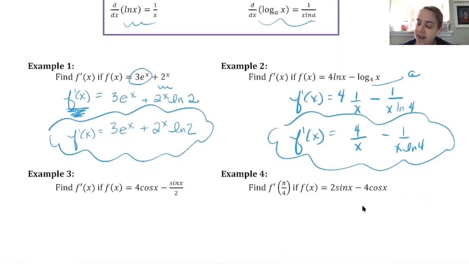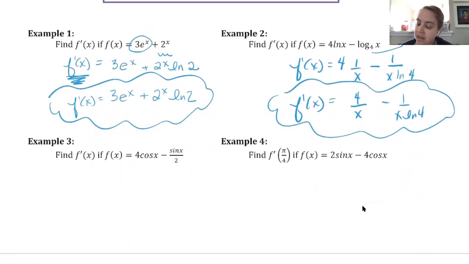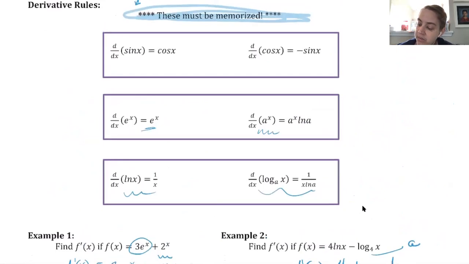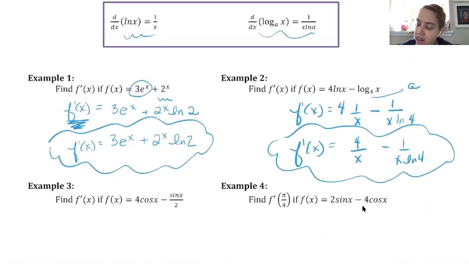Example 3, find f prime of x if f of x equals 4 cosine of x minus sine of x over 2. So I know I scrolled my formula up a little bit. Cosine is here. Oops, sorry. Cosine is here. The derivative of cosine is negative sine.